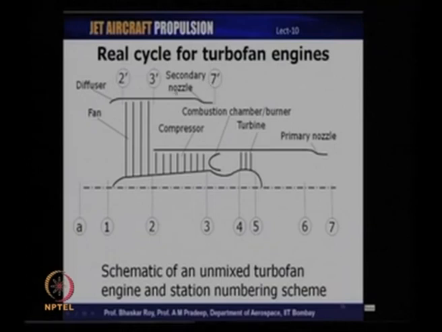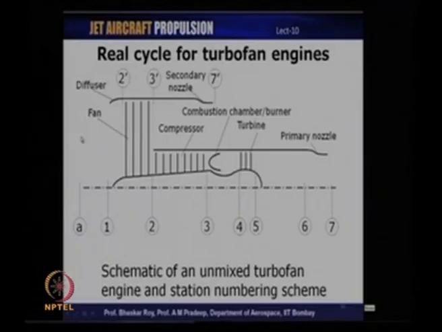So, we will denote these components, let us say the fan entry by station 2 prime, fan exit by station 3 prime, which is equal to 2, which is the compressor entry, and then the secondary nozzle exit by 7 prime. Primary nozzle exit is still 7. So, these are the different stations which are involved in a turbofan.